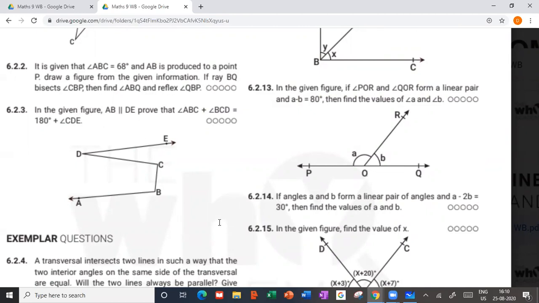So they become two linear equations and solve. Or you can just substitute A is equal to 80 plus B in A plus B is equal to 180. You'll get the values of A and B.